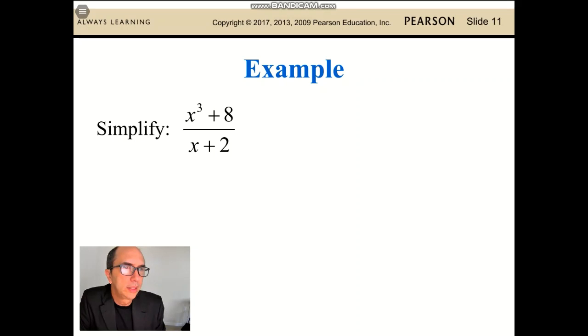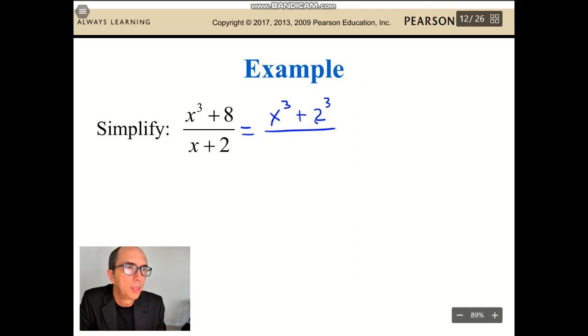We can rewrite the numerator as x cubed plus 2 cubed. So this is going to be the sum of two cubes. We can factor it out. It's a special product.